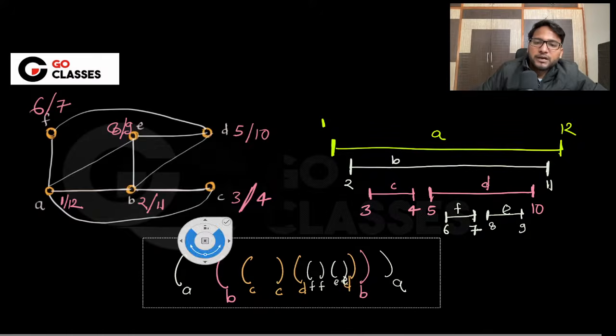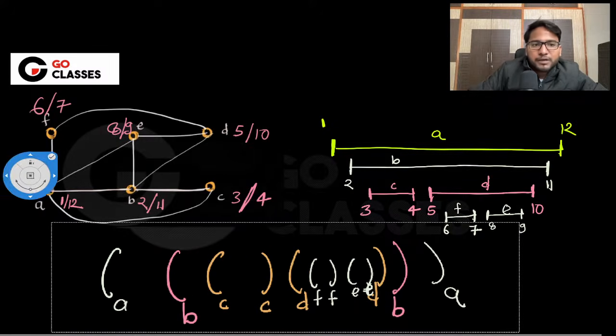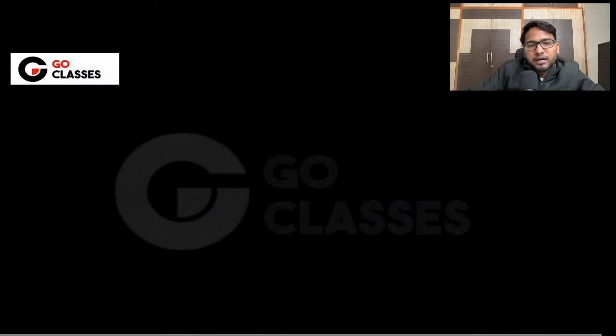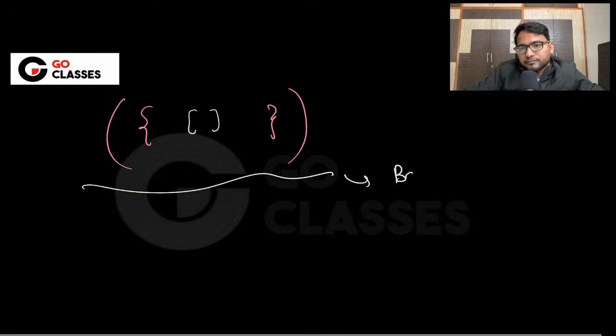This is a balanced pair. Balanced pair means that it is not the case that if B is starting here, B can't close here. See, what is a balanced pair parenthesis? You might know it, right? Tell me, is this a balanced pair parenthesis? Yes, right? Tell me, is this balanced? This is balanced.